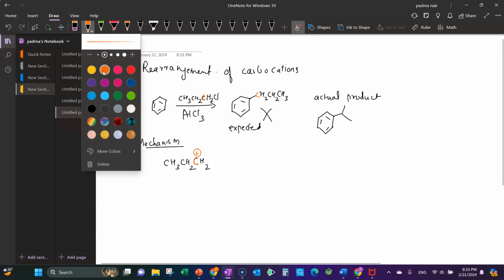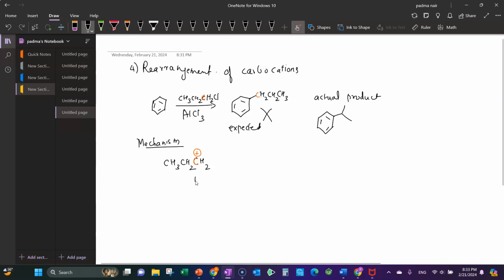However, if you look, this is a primary carbocation. If you recall, there can be a hydride shift. So we can have a rearrangement reaction where the primary carbocation can rearrange itself, we can call this hydride shift, to a secondary carbocation by moving one of the hydrogens from here to here.